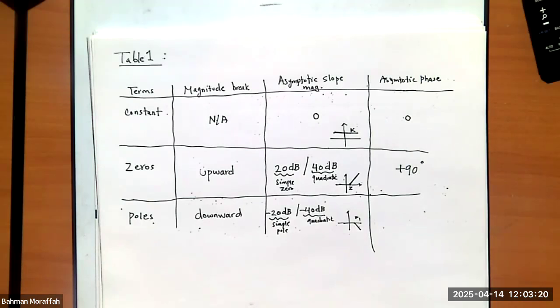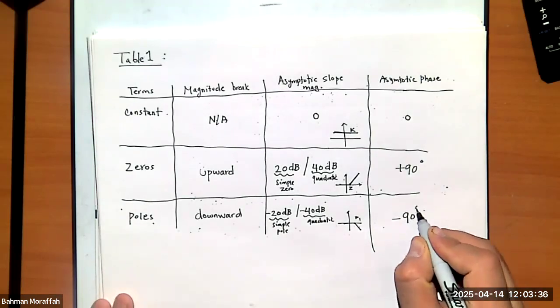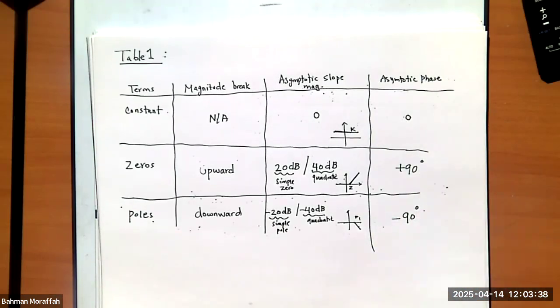And then it's 1 over i omega. So what is the phase for 1 over i omega? Negative 90 degrees. So the phase over here is negative 90 degrees. And that's mostly for simple poles and simple zeros. For quadratic, it's going to be double that.